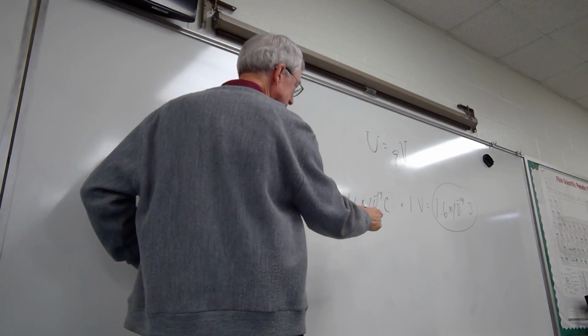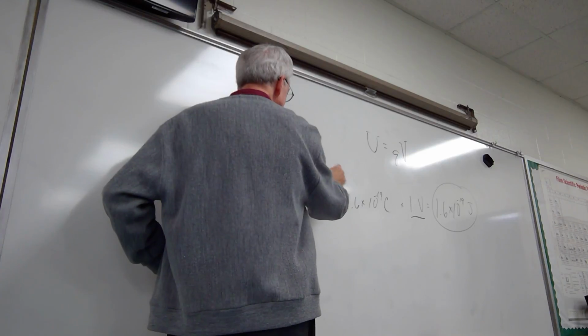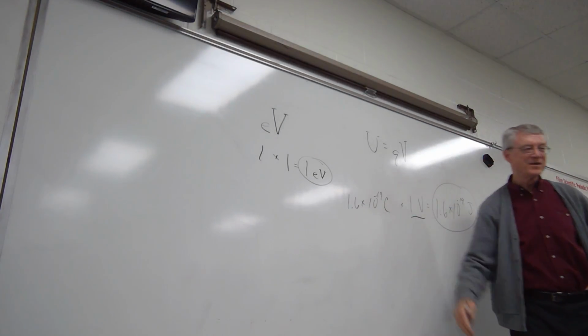That's what we had there, 1 volt. And so that's 1 electron volt. So what you're seeing is this many joules is equal to 1 electron volt.